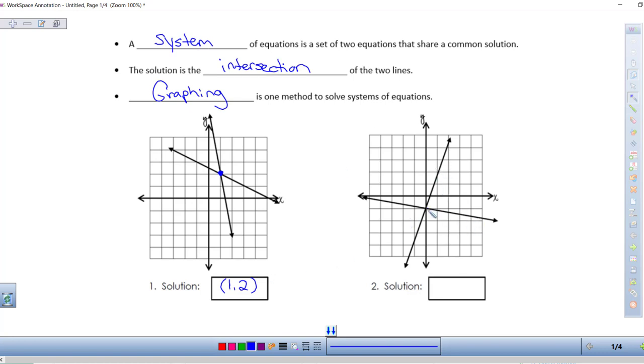On this graph, they intersect here at this point. Again, we want x comma y. The x value of this point is 0 because we don't go left or right at all. And then our y value is -1. So the solution to these two lines is (0, -1).